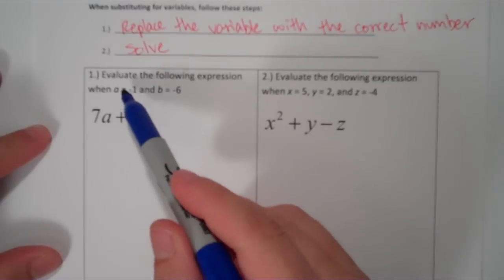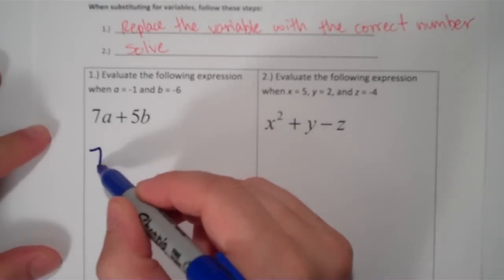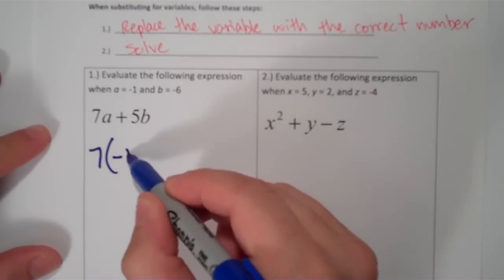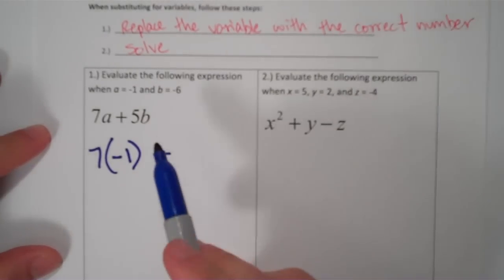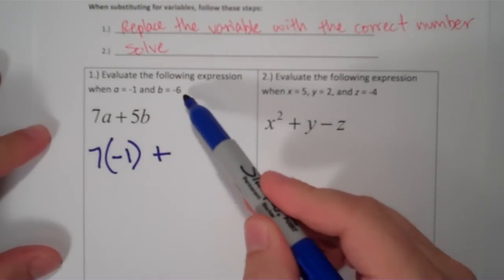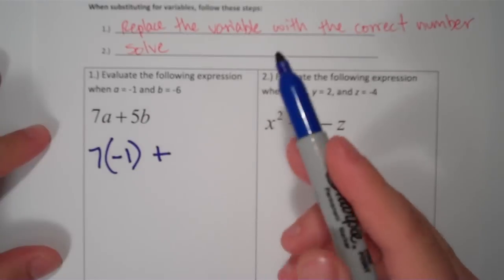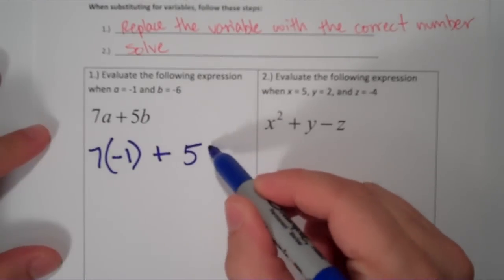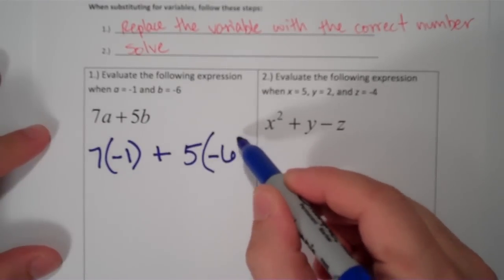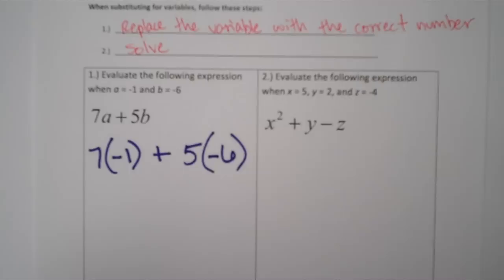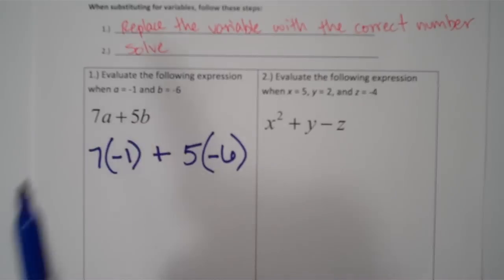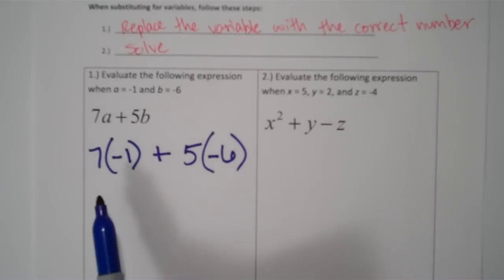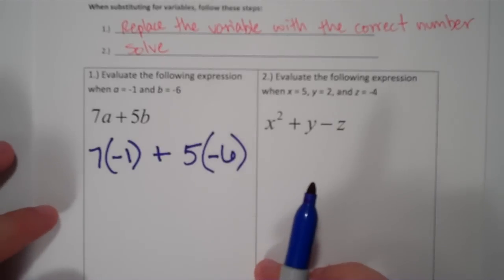So 7a, a equals -1, so we're going to rewrite it like this. 7 times -1 plus 5b, and b equals -6, they've told us. So we'll rewrite this as 5 times -6. Because anytime we have these coefficients right next to the variable, that means we're multiplying. So this expression has turned into 7 times -1 plus 5 times -6.